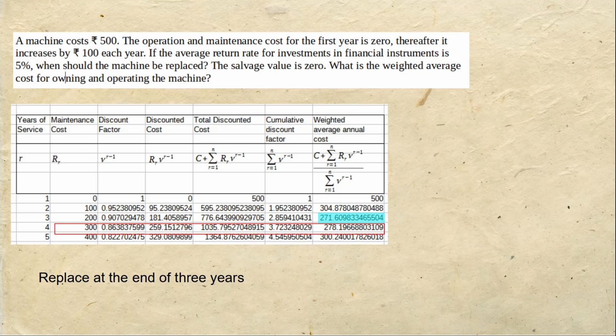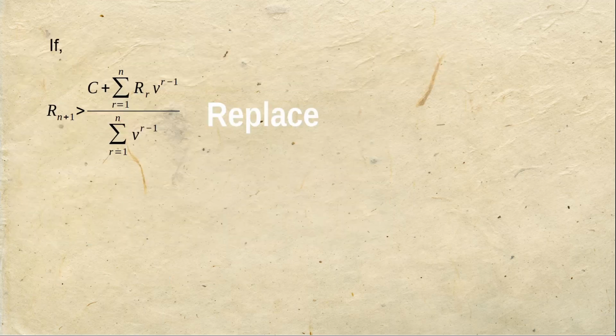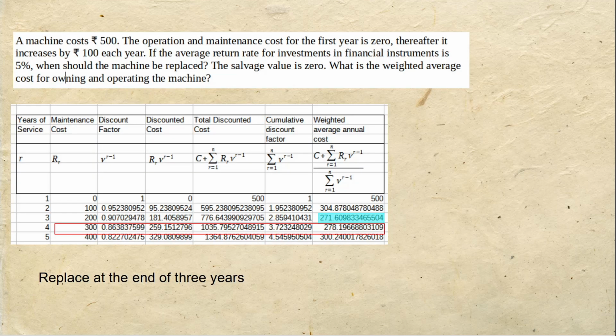We find here that in the third year, the weighted annual average cost is 271.6. Now, this is lesser than the maintenance cost in year 4, which is 300. Therefore, we have to replace the machine in year 3, as per the formula given in the previous slide. So, we have to replace this after 3 years.